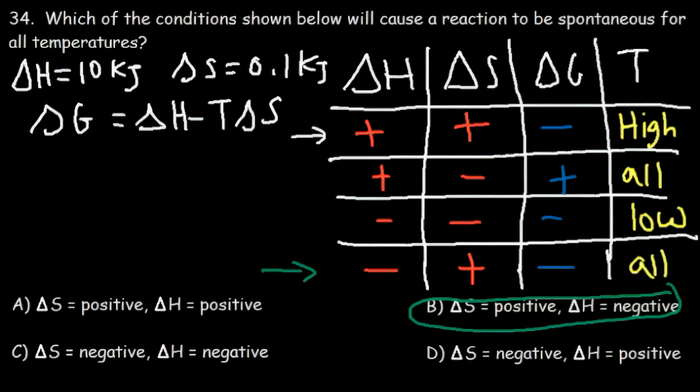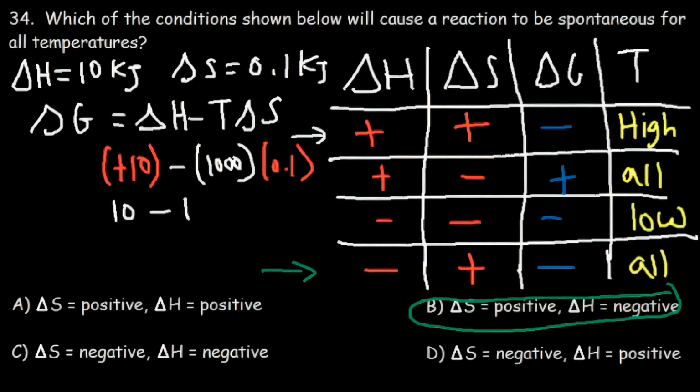Let's say that delta H is positive 10, and then we have a minus sign. We're going to plug in the high temperature value. So let's plug in 1,000 for T, and delta S is 0.1. So this is 10 minus 100, which is going to be negative 90. So delta G is negative, which is true.